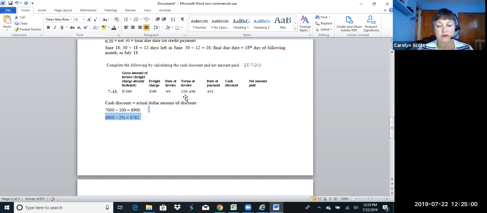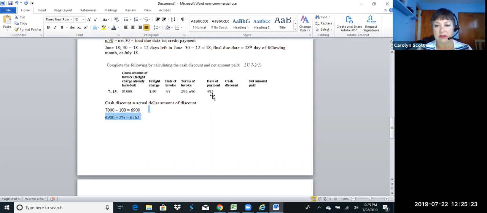So terms of invoice, we get a 2% discount as long as we pay within 10 days, but we must pay it within 60 days. The day we received the invoice and products was April 8th. The date of the payment was April 15th.